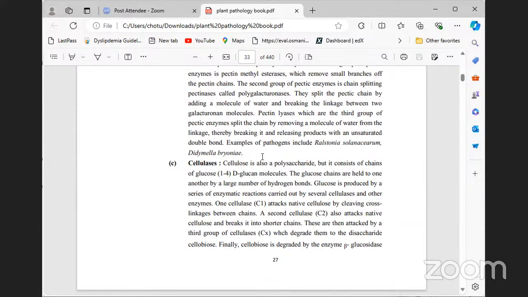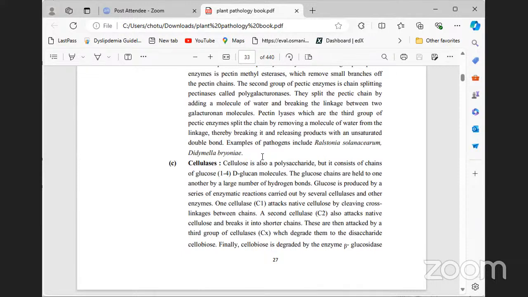Glucose is produced by a series of enzymatic reactions carried out by several cellulase and other enzymes. One cellulase, that is C1, attacks native cellulose by cleaving cross linkages between the chains.